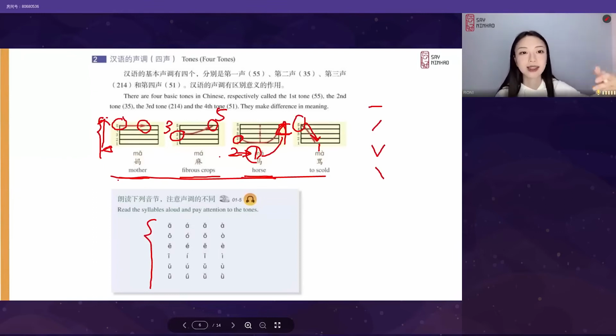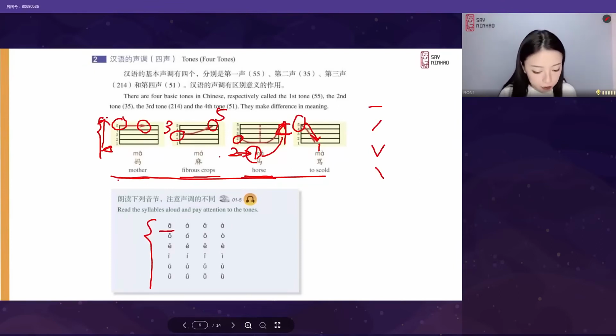First is flat, and second is rising up, and the third is drop down and rise up again, and the fourth is drop down. So let's try to read it. Okay, read after me. First one is a, second tone, third tone, and the fourth tone.